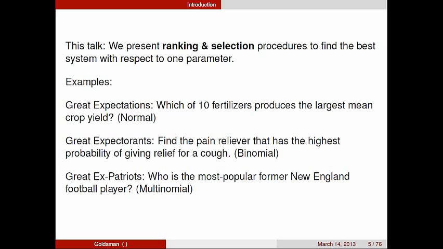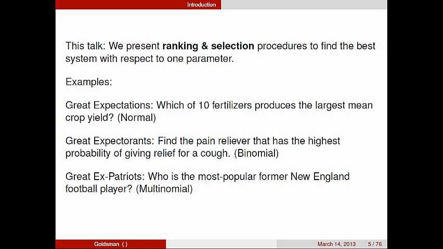And in simulation, we could be interested in which of 10 different queuing systems that I'm simulating produces the shortest mean waiting time. And I'll get into the fact that mean waiting times aren't normal, but I can turn this into a normal problem, it turns out. So anything involving these types of expectations, I can turn into a normal problem.